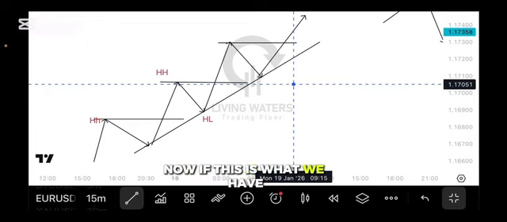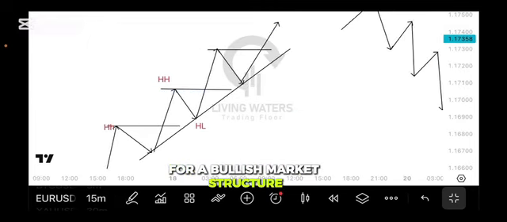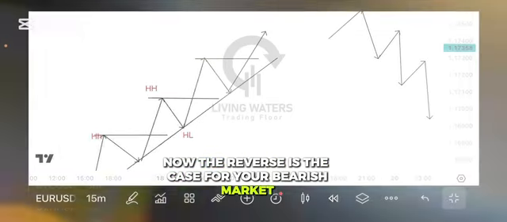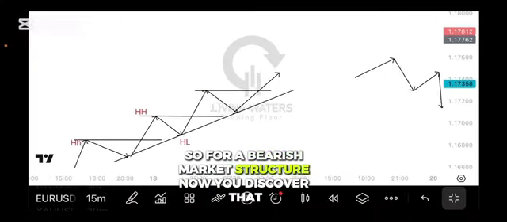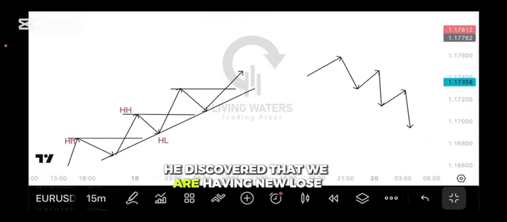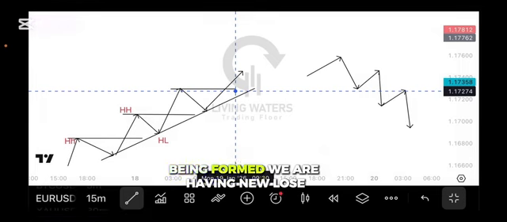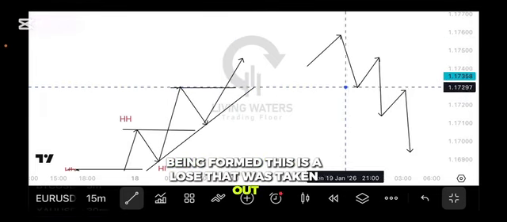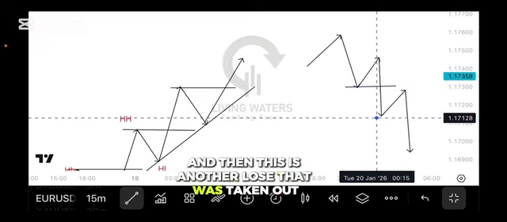Now, this is an example of a bullish market structure. The reverse is the case for your bearish market structure. For a bearish market structure, you discover that we are having new lows being formed. This is a low that was taken out, and then this is another low that was taken out.